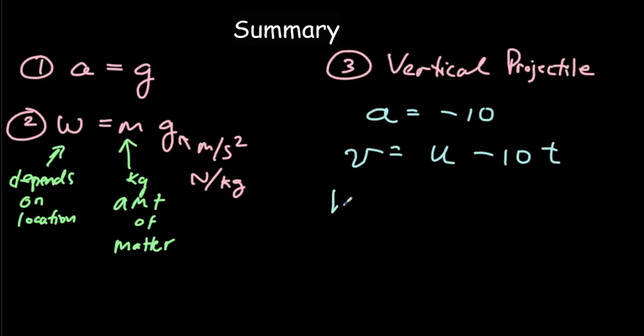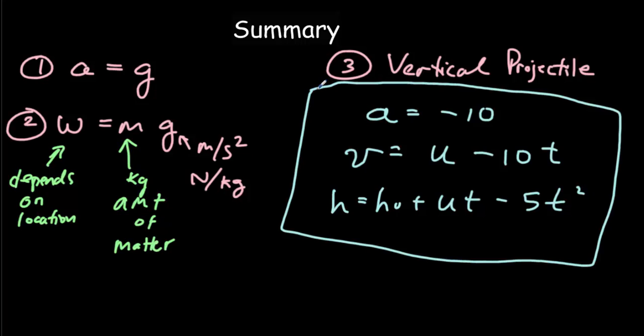And then the height of our projectile would be given by any initial height, if it had some, plus how far it would go if there weren't any gravity. And then you've got to subtract off the effect of gravity, that 1/2 gt squared, or 5t squared, taking g equal to 10.